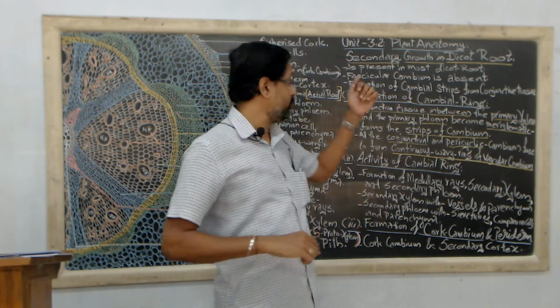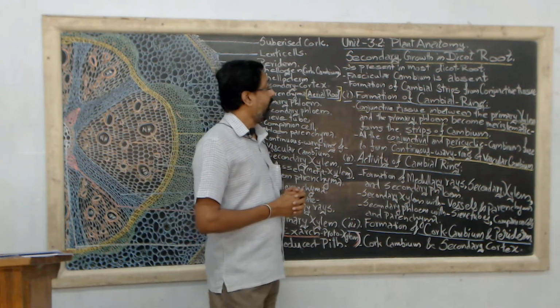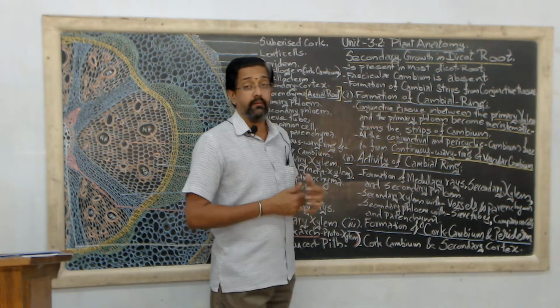And coming to the secondary growth in the dicot root, we can see the cambial strips which are formed.